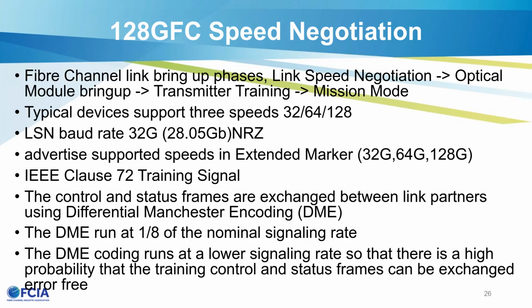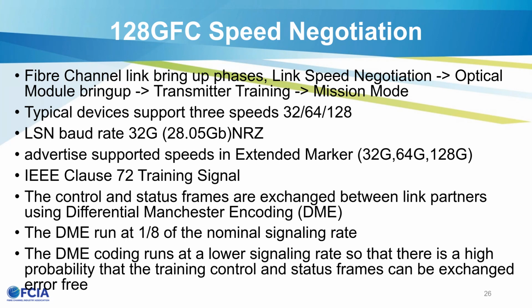And the benefit now is we don't have the speed changes that were required in the training frame. And this is a little further in another slide, but I'm just talking through this right now. In the training frame, now you basically have a marker that tells the other end what you're capable of. You have control and status frames that are run using Manchester encoding.